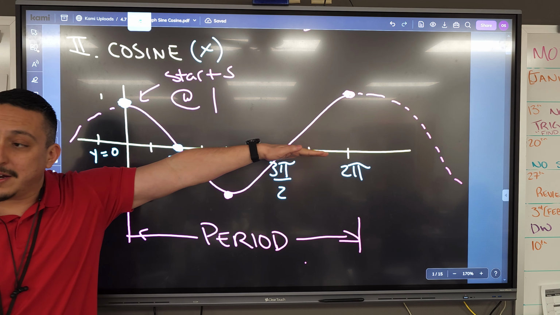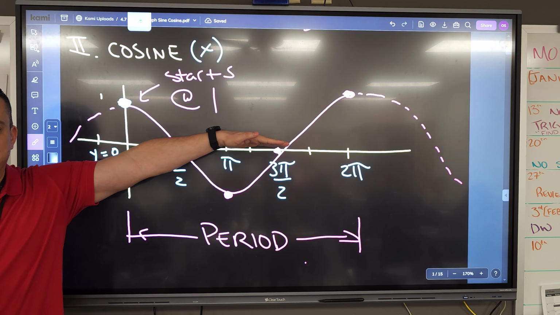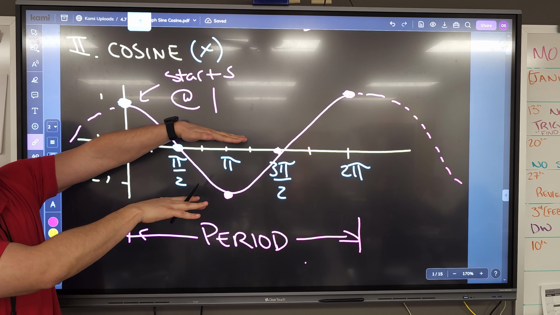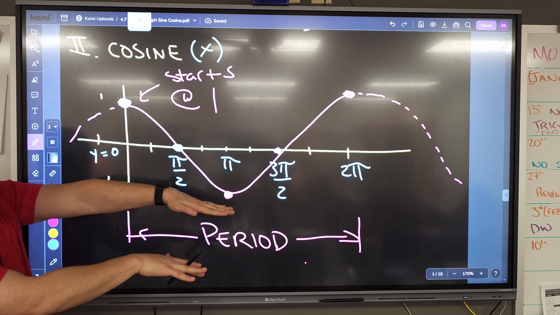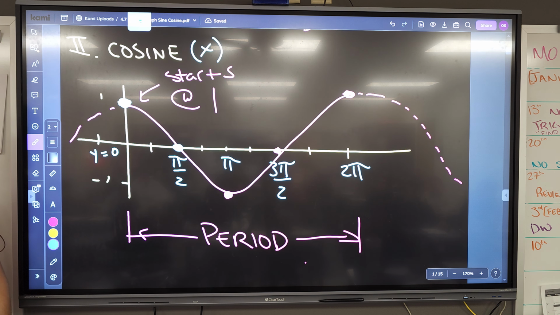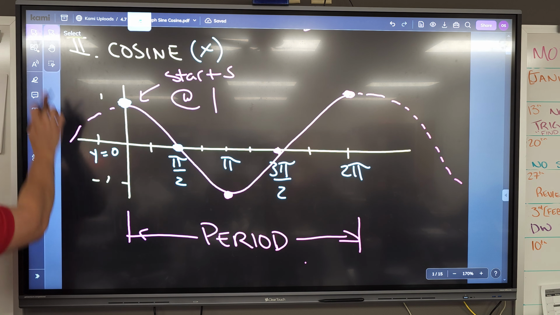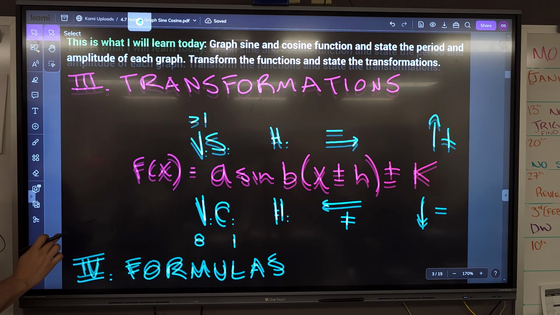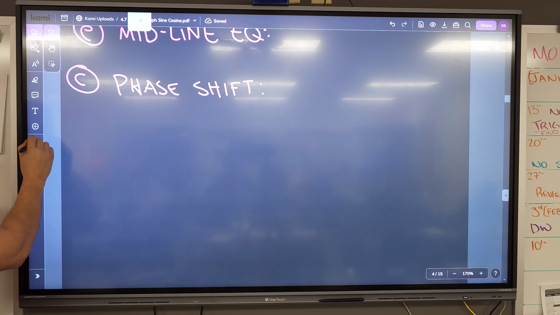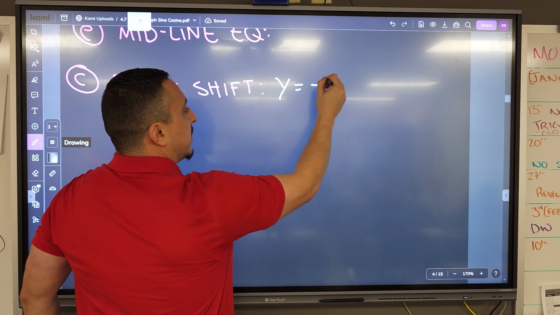So ours, we shifted it down. So the middle is not at 0, that's all there is to it. But we have to write it as y equals.